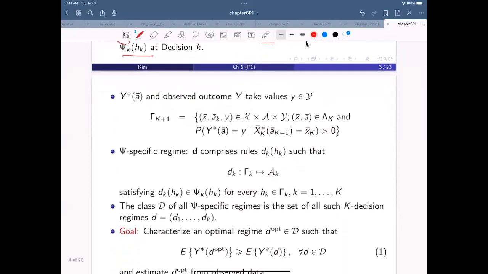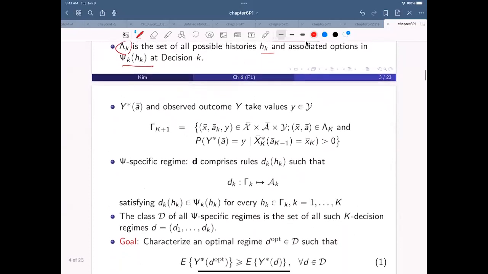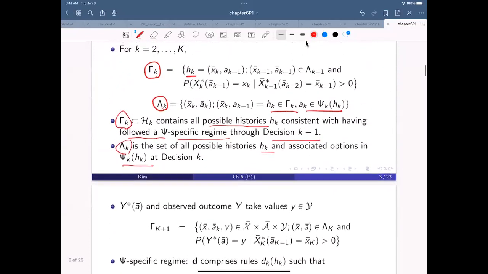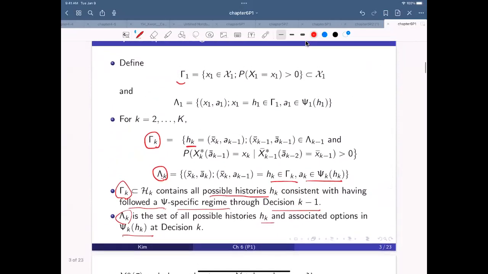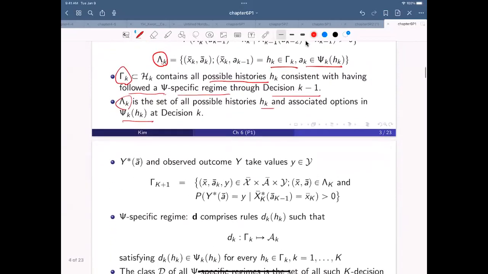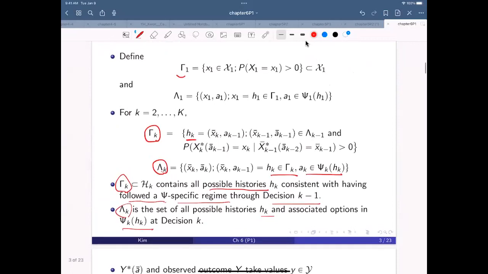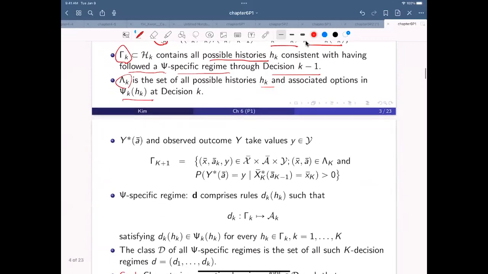And then k is 1 to capital K, so decisions are made in K steps.